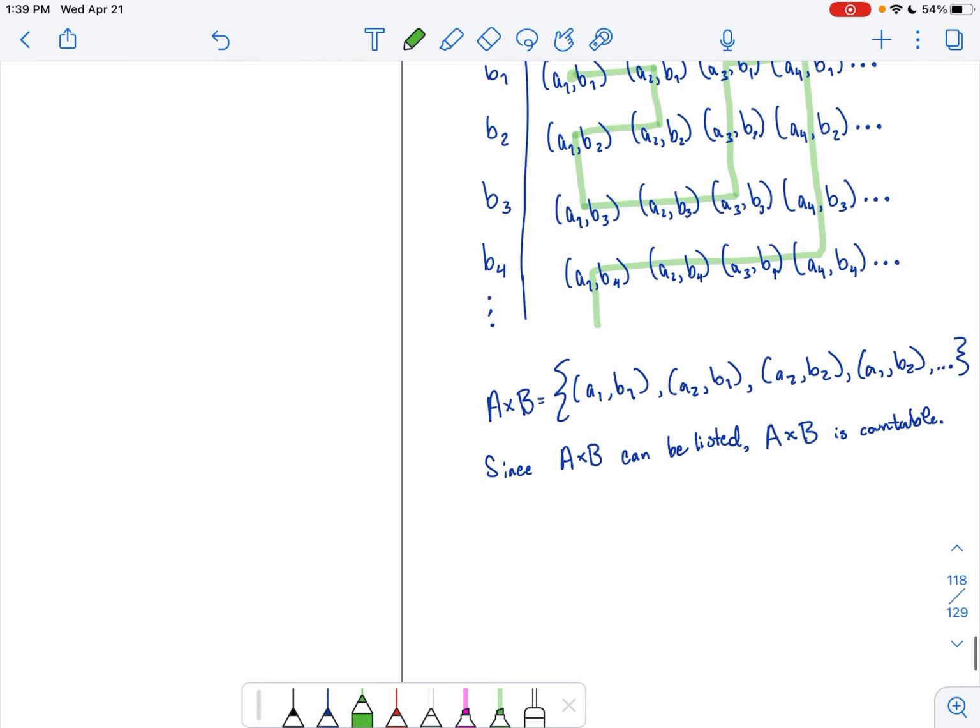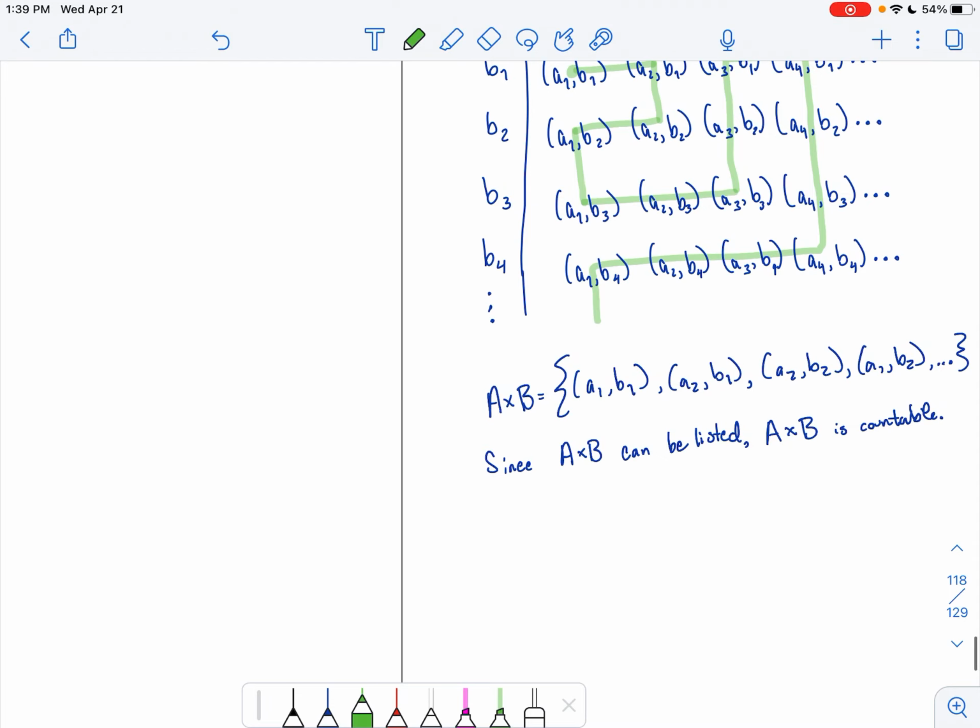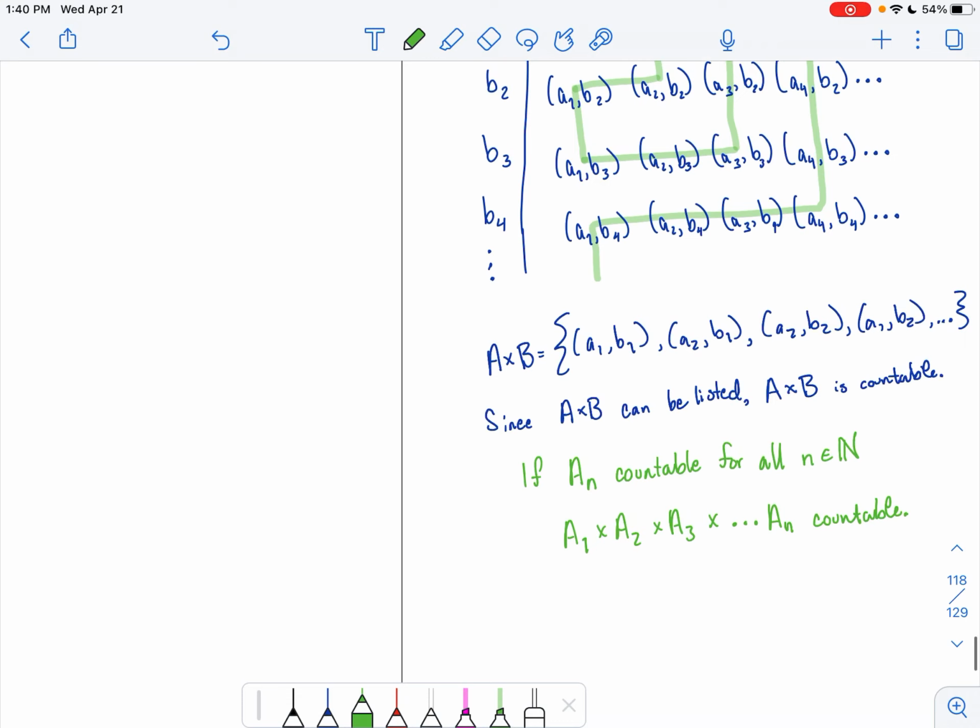One other idea that comes from this is that as you keep multiplying and multiplying, you can then say that if A sub n is countable for all n in the natural numbers, then A1 times A2 times A3 all the way out to An is also countable. So you can keep multiplying all the way out.